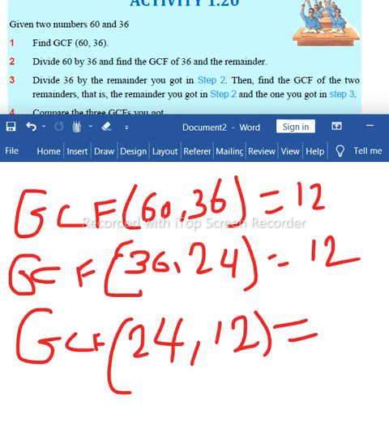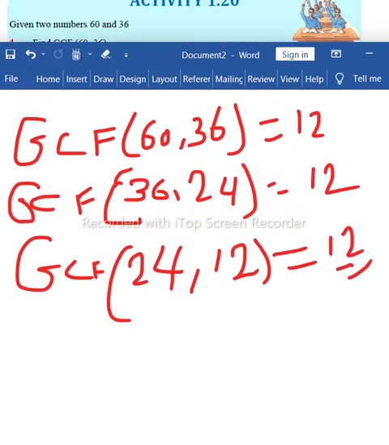The greatest common factor is again 12. Again, when we divide 24 by 12, there is no remainder, so we stop here.